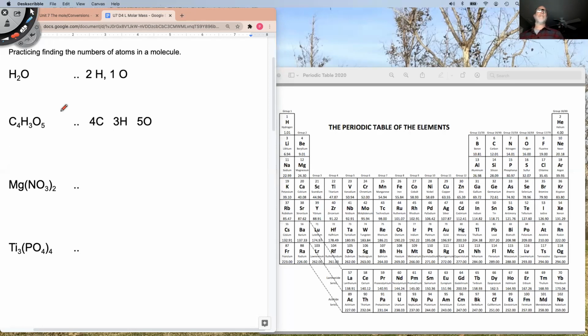All right, so let me teach you how to do this next one. This next one, ladies and gentlemen, we have magnesium, and then we have this nitrate ion, this polyatomic ion. What we have here is there are these parentheses. You have this little 2 here. This little 2 means you have 2 of this whole nitrate. So let me do that again. This means you have 2 of that entire polyatomic ion, that entire NO3 package.